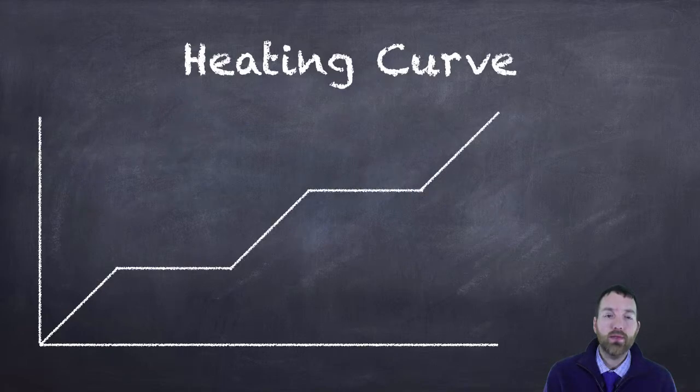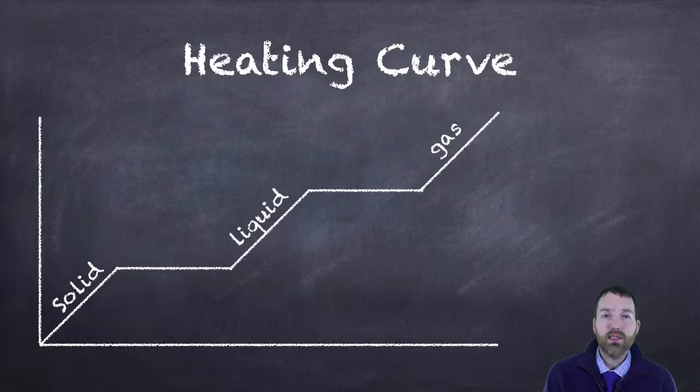So let's look at a heating curve here. Heating curves look like this. Remember, the states of matter are always on the slanted parts of the line. We have the solid, then the liquid, then the gas. If the question's asking about the transition going from a solid to a liquid, or a liquid to a gas, is that an endothermic or an exothermic process? Well, if you know the definition, an endothermic process is one in which energy is absorbed.